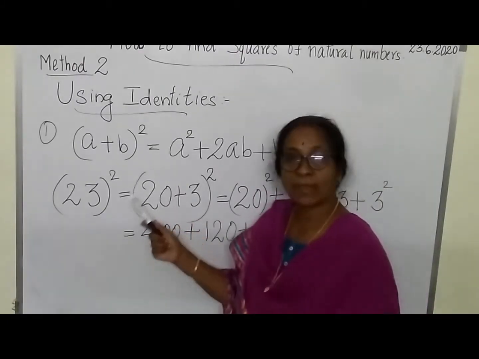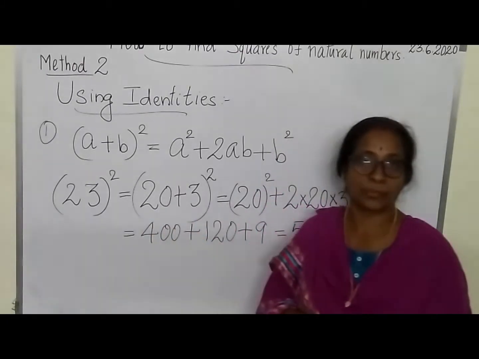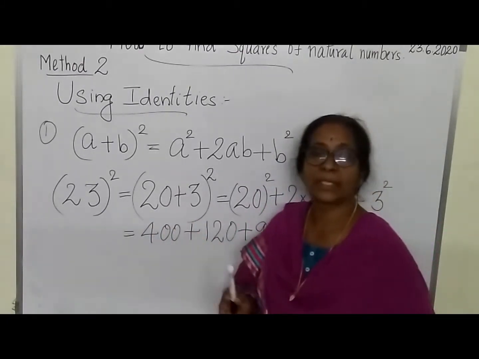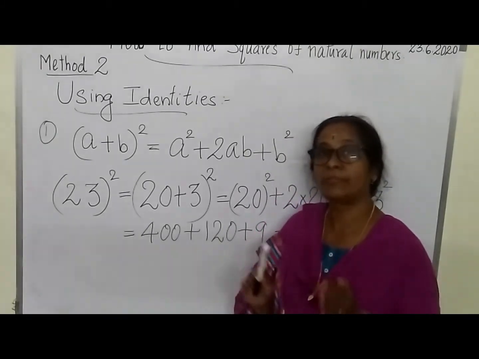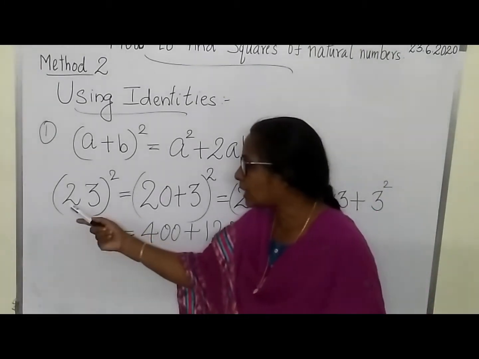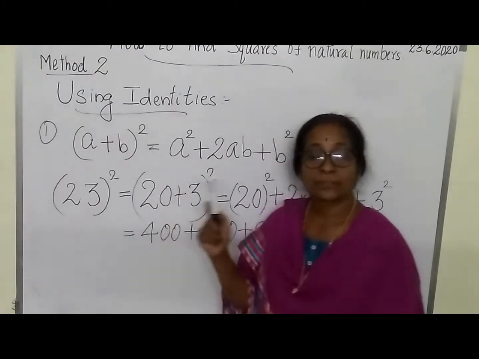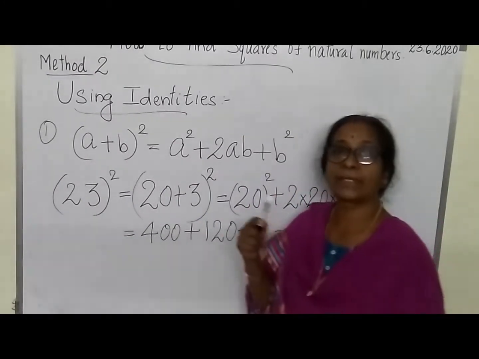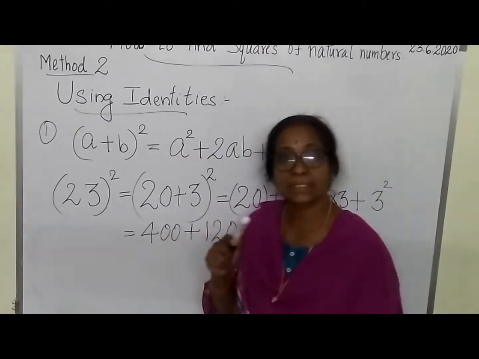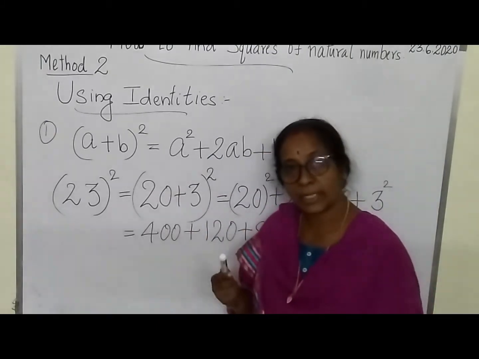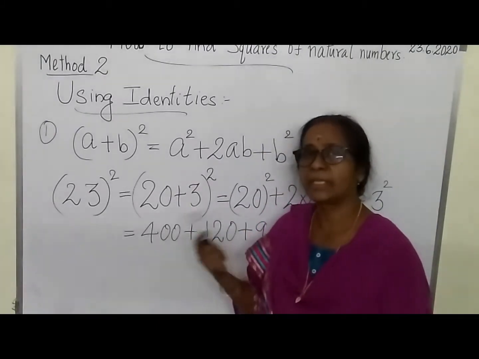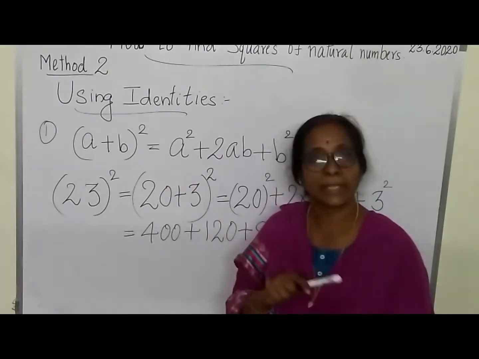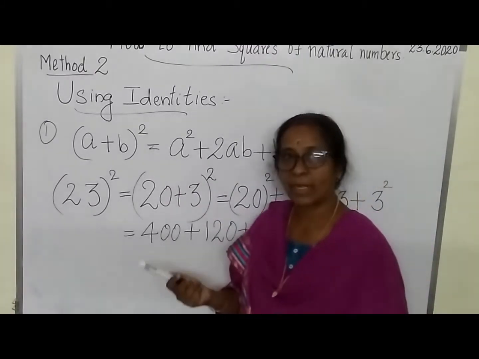Now to find the square, the given number you have to write in the form of identities. So you see here 23. You have to think how to write 23 as a sum of a zero ending number and any one digit number, or a multiple of 10 and a one digit number.